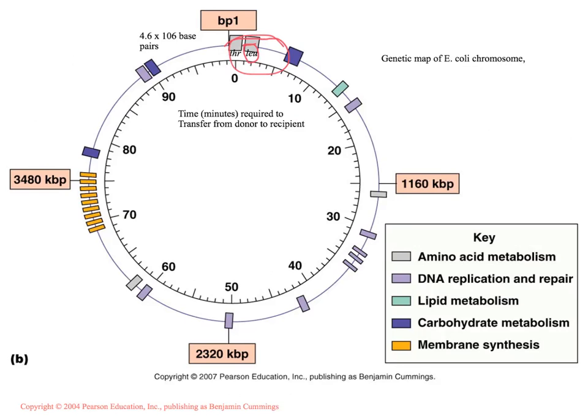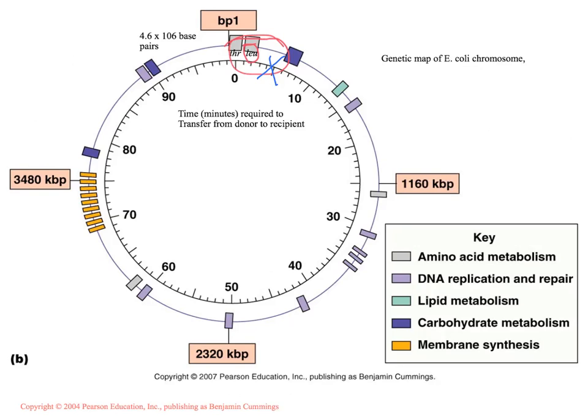Just to make sure that this point is clear, let's say, for instance, we continue conjugation again for another minute and we let it go for 4 minutes, and then suddenly we have gene X. Now the recipient has the ability to make product X. Then that means that X was third on the chromosome in location.